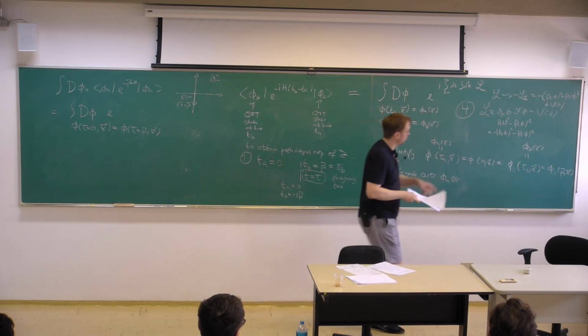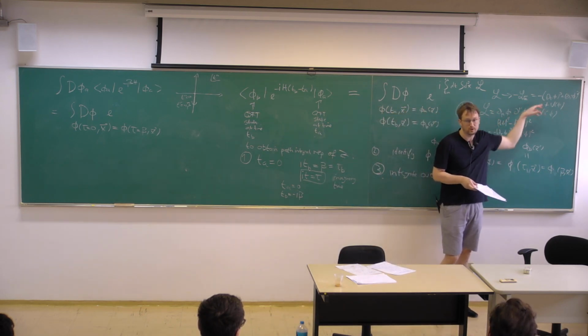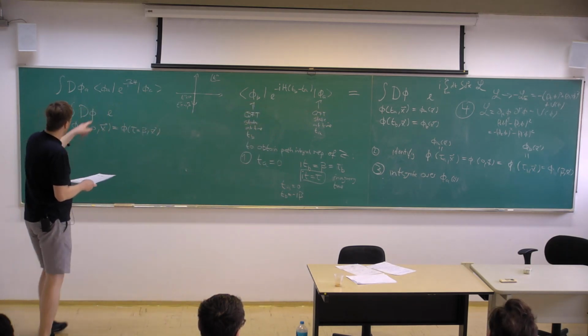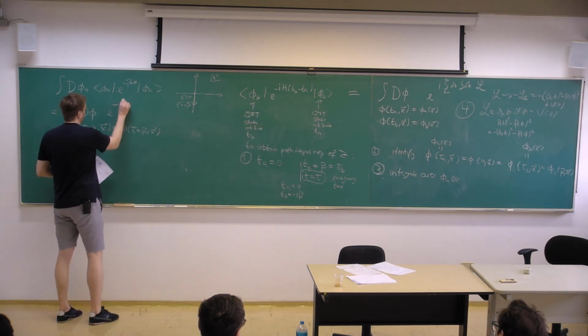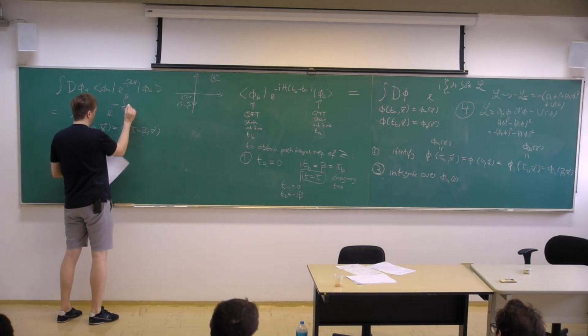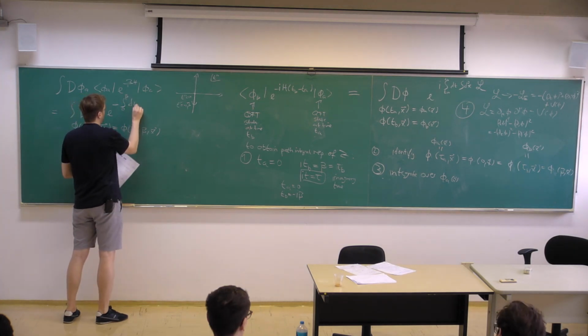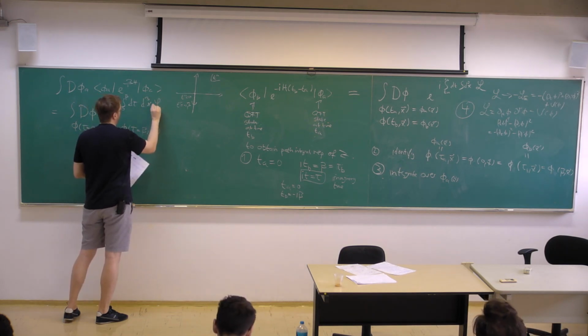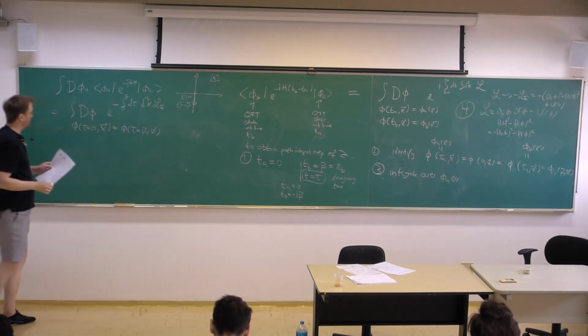So this is what I call the Euclidean Lagrangian. It's the Lagrangian in Euclidean space. Okay, and this is what enters here. So this is kind of what I forgot. Okay, and that's it.